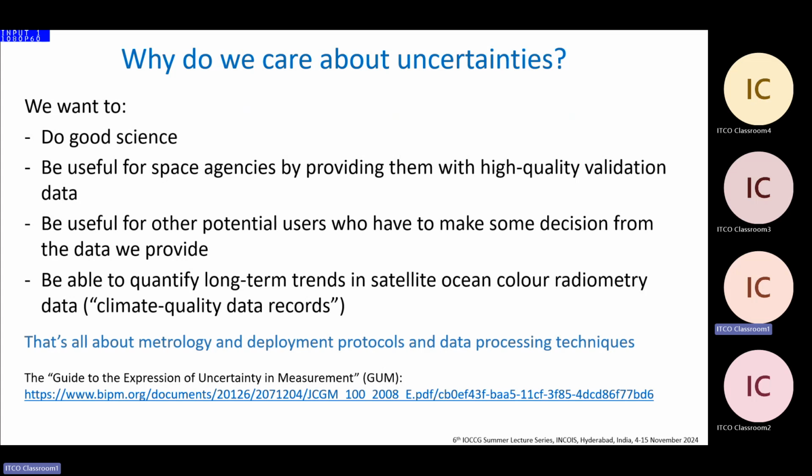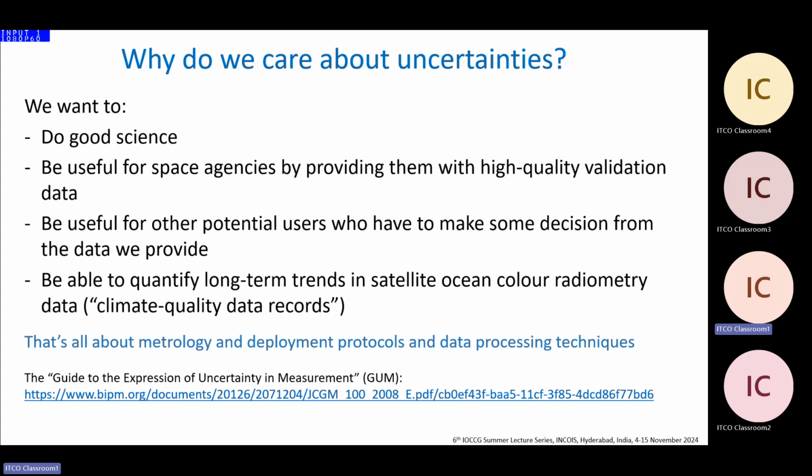But again, that's a lot about knowing the uncertainties. So uncertainties, as it's written here, that's all about metrology, but as well deployment protocols and data processing techniques. And we are going to look a bit at these three important sources of uncertainties.